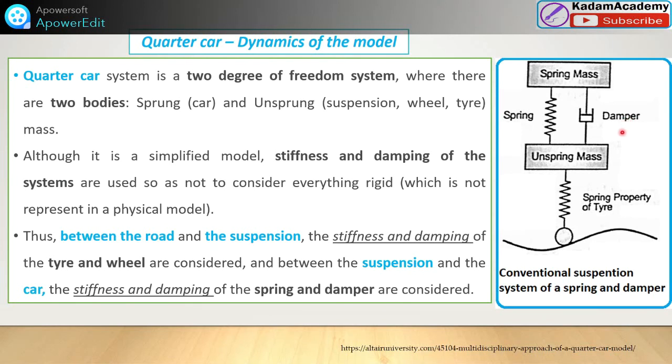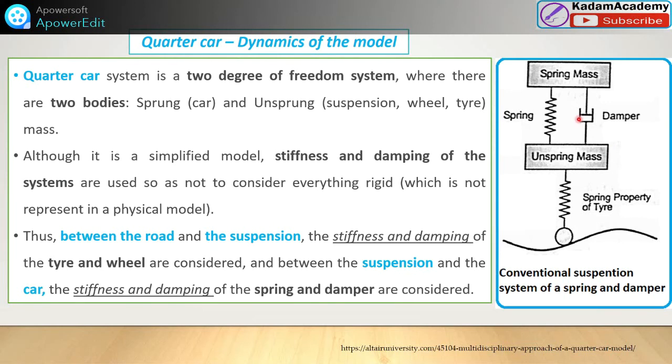Suppose we were to control it, that would be semi-active. Semi-active means an electronically controlled suspension system where the damper properties can be controlled.